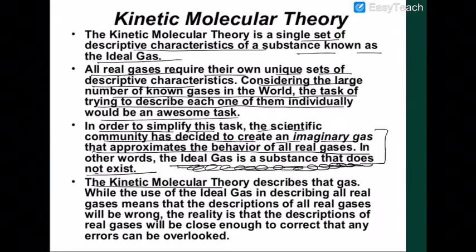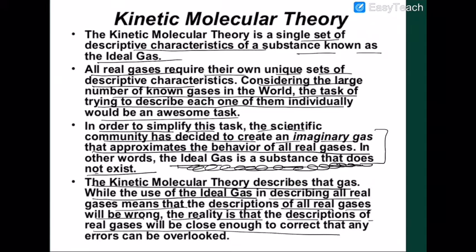The kinetic molecular theory describes that gas, while the use of the ideal gas in describing all real gases does not mean that the description of all real gases will be wrong. The reality is that the description of the real gas will be close enough to correct any error.